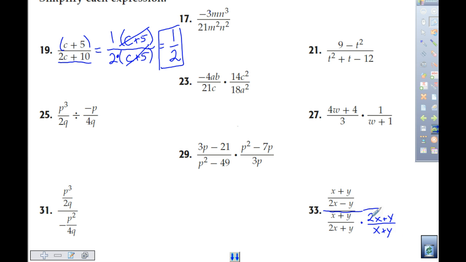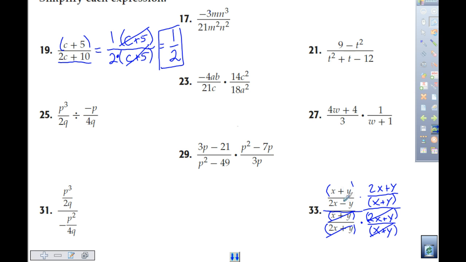Why the reciprocal? Because it cancels everything out. If I multiply by its reciprocal, it equals 1 by definition. That's what reciprocals do. They cancel out and equal 1. But of course you have to do the same thing to the top and bottom. So on the top I'll have a 2x plus y over x plus y as well.